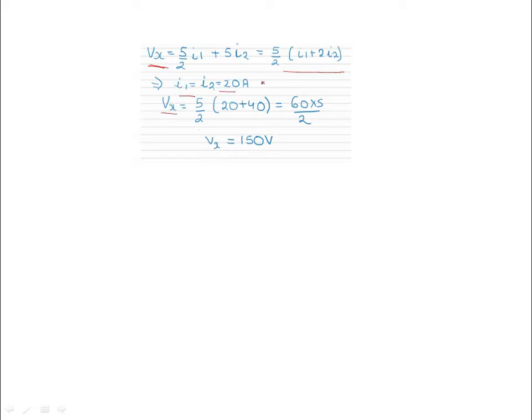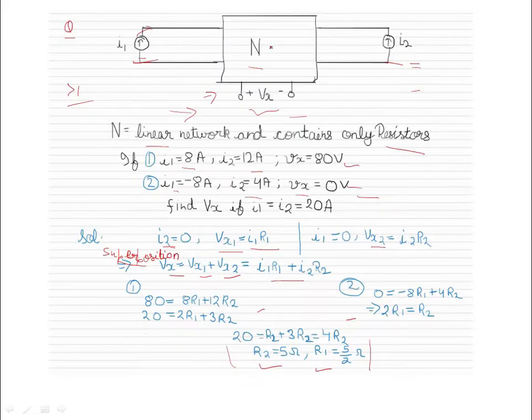So we put I1 and I2 equal to 20 here, and we get 150 volts. So this is our answer. See, here we don't know the network, how I1 and I2 are linked, and where we are finding Vx. Here we just have two sets of data, and using this theorem we can find the value of Vx for any value of I1 and I2.